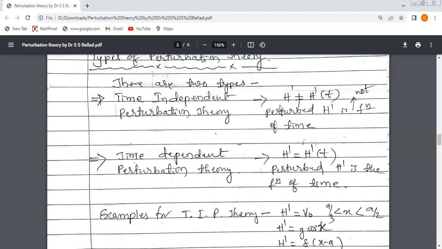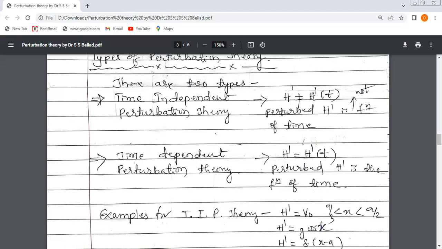H naught is called the Hamiltonian without perturbation, and H dash is called the Hamiltonian with perturbation.